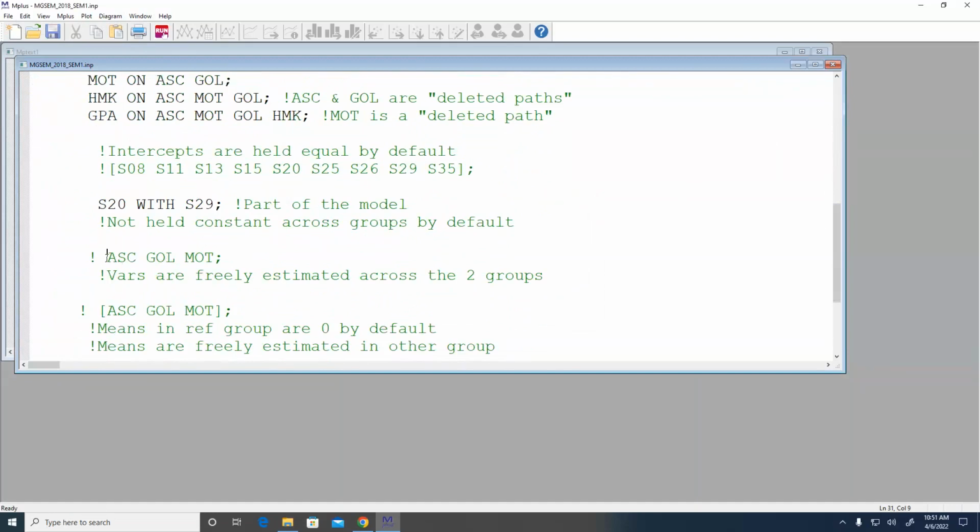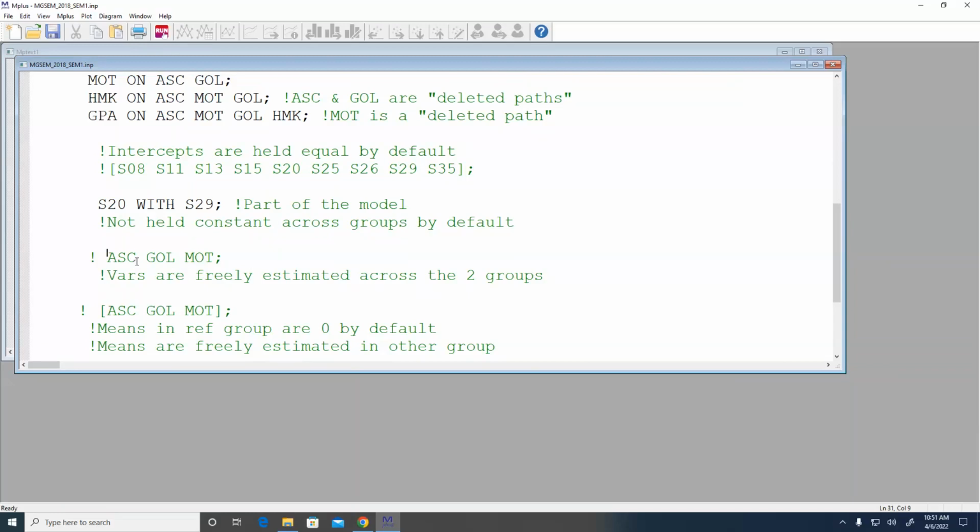It's not going to matter whether you put it in or don't put it in. The variances are freely estimated across the two groups. You're going to see that in the output. So whether you put it in this model statement or don't, they're going to be freely estimated across the two groups. The variances, the means, all the structural parameters are going to be freely estimated across the two groups.